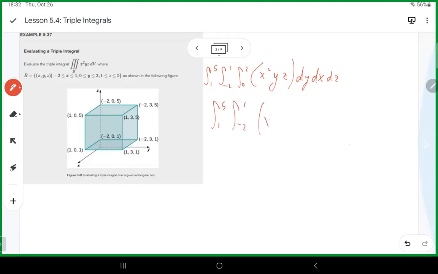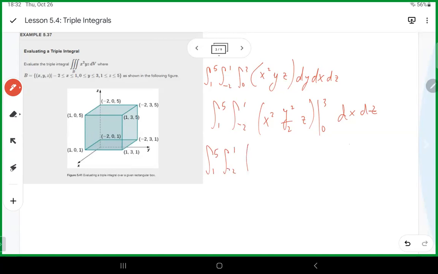Then it's going to be x squared, y squared over 2, z, dx dz. I forgot to throw in the evaluations. It's going to be 0 to 3, dx dz, 1 to 5, and then -2 to 1.